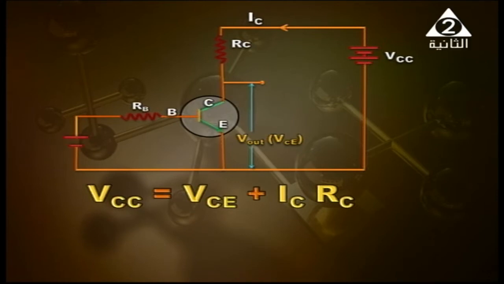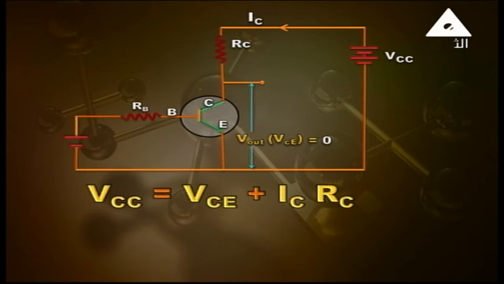Once again, the base is connected to the positive terminal. In this case, the output voltage is equal to 0. The question is why? Current passes through the base. A large current passes through the collector, and this means I C R C is very huge.